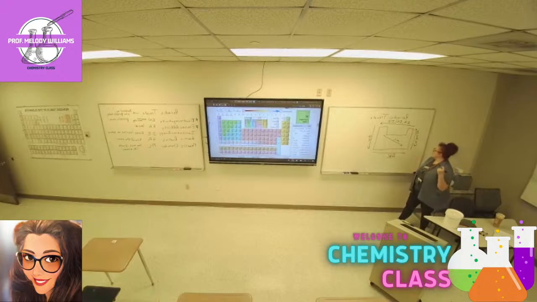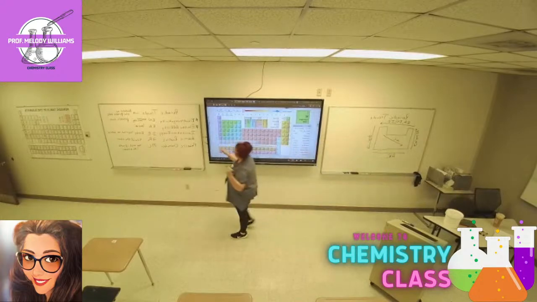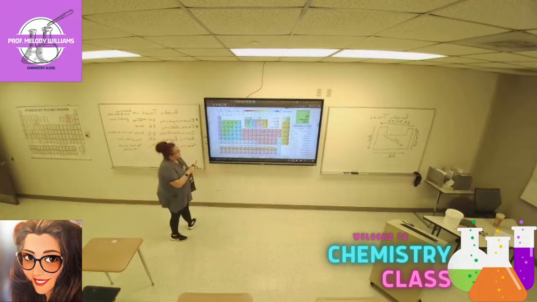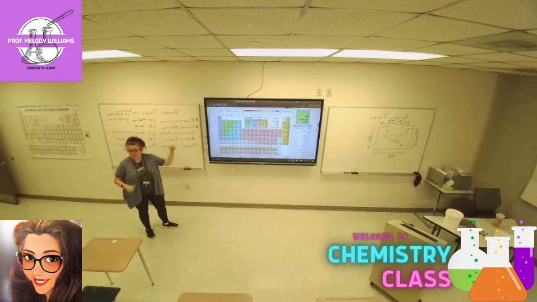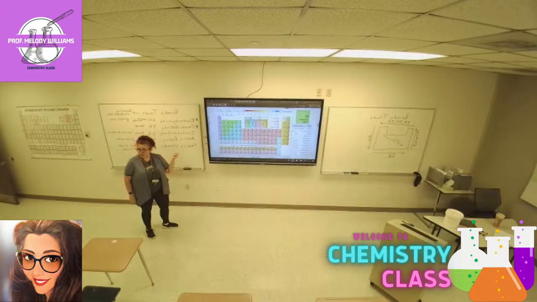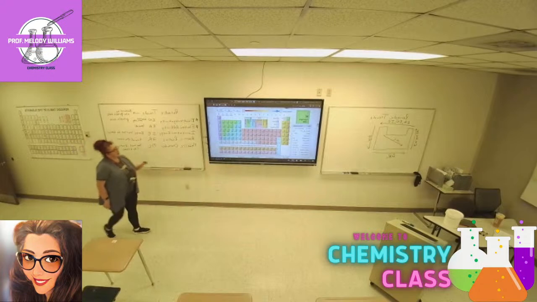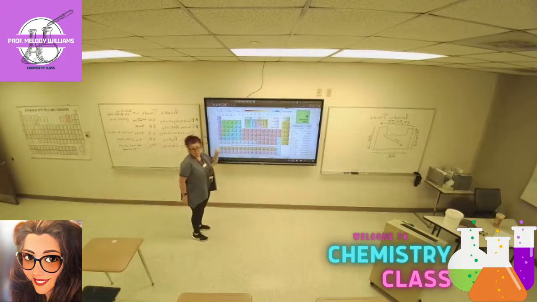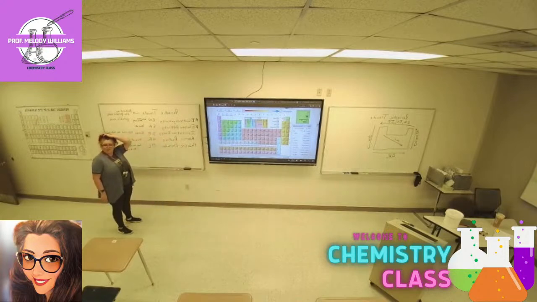Another thing to consider when we're talking about the behaviors of different groups. If something really likes electrons, it's going to be really hard to take an electron away from it. So that ionization energy, fluorine, good luck taking electrons away from fluorine. It's going to require so much energy, it's not worth it.